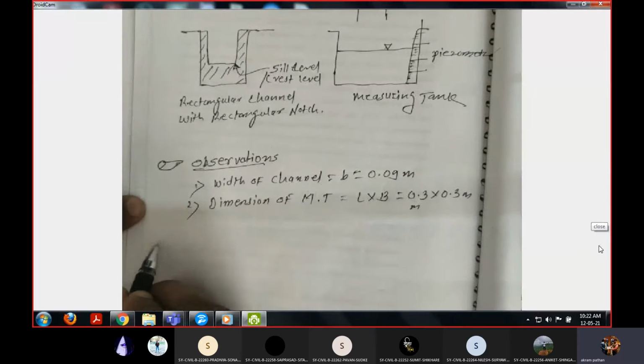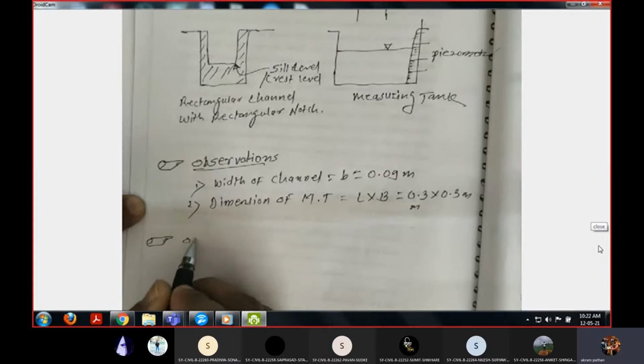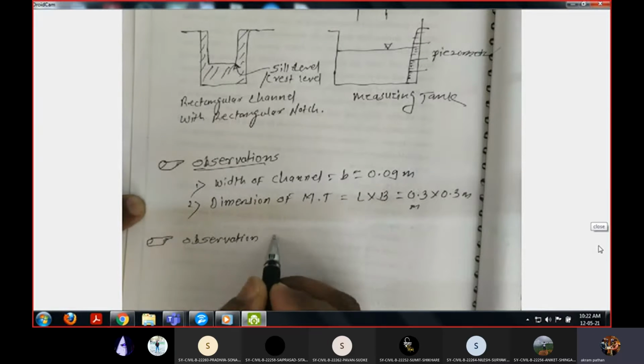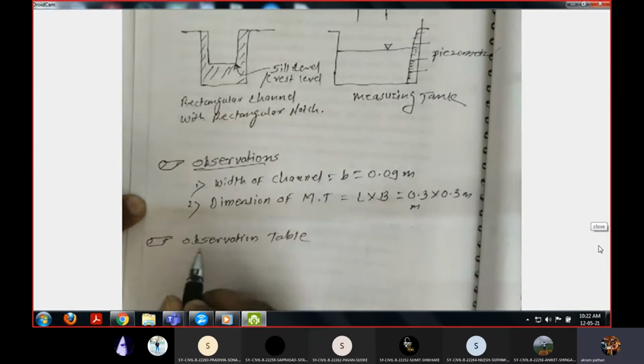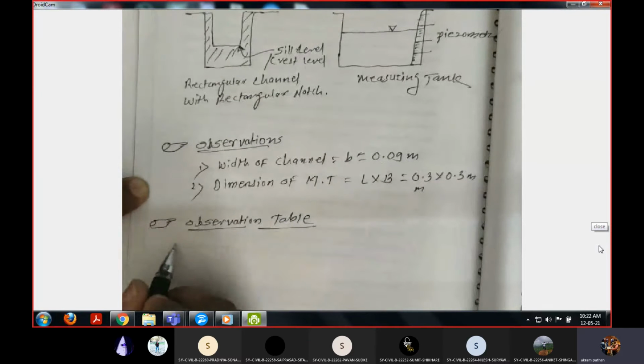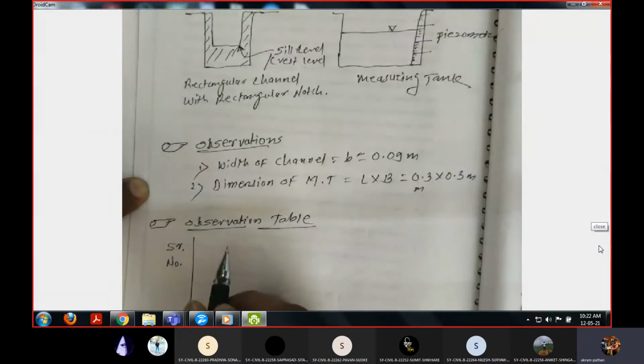Now we have the observation table. In the observation table, first the serial number.